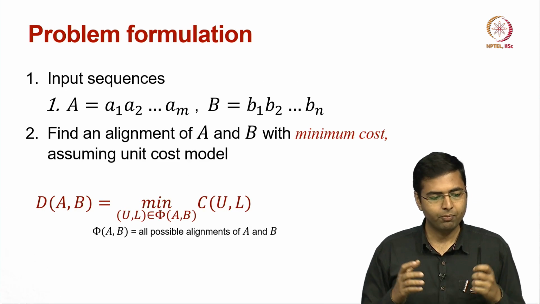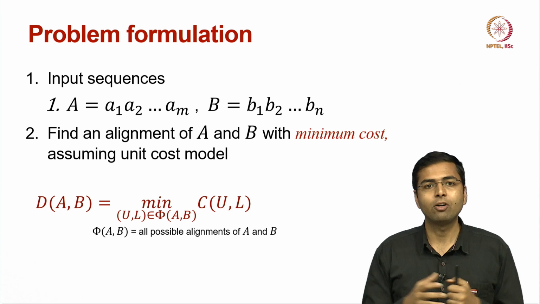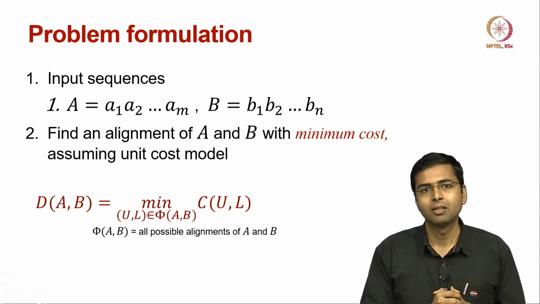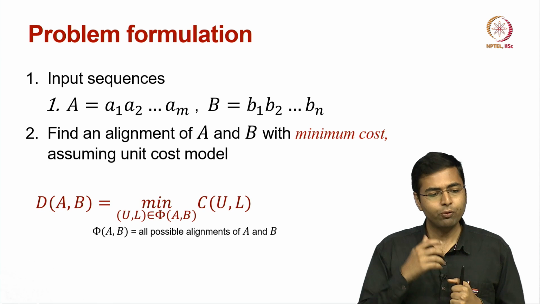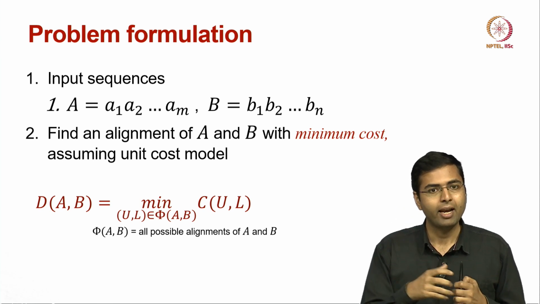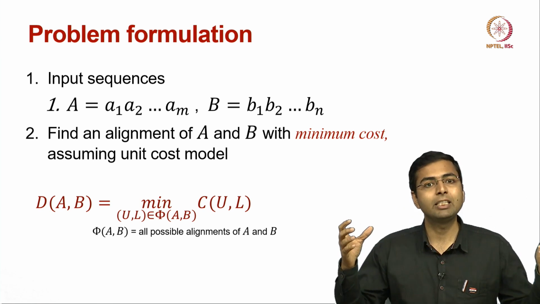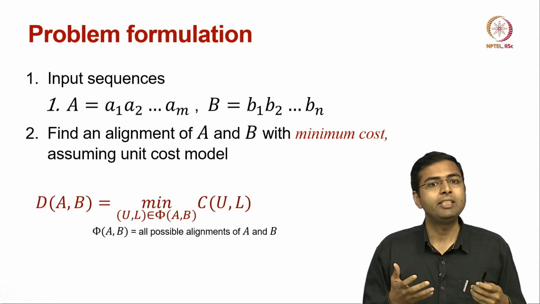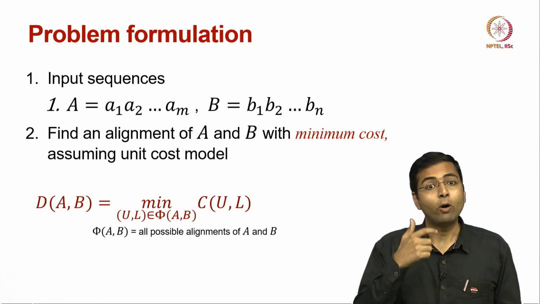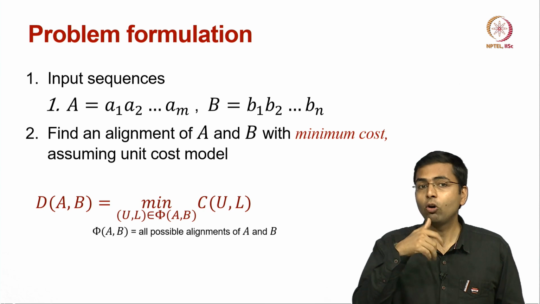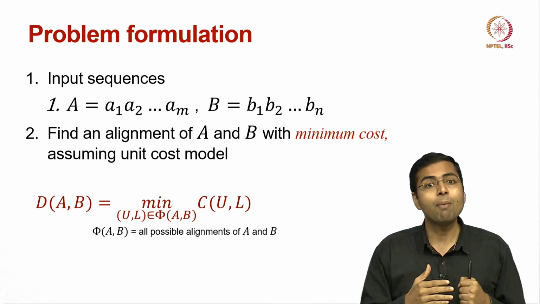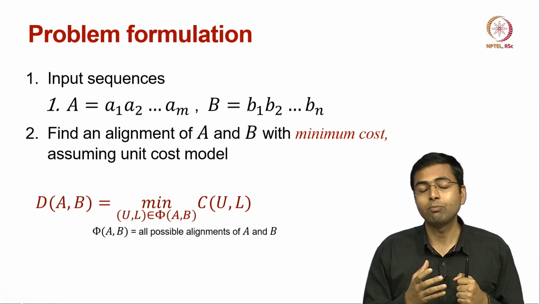So, with this definition of alignment cost, now we can frame a problem. Now that we have the alignment cost defined, and we know that there are many alignments possible between A and B, the problem formulation can ask: give me an alignment of A and B with minimum cost, assuming the unit cost model.